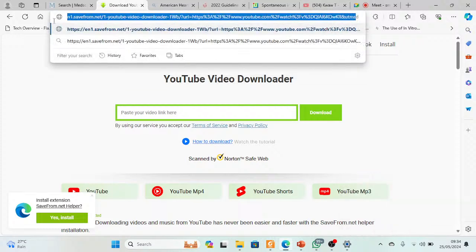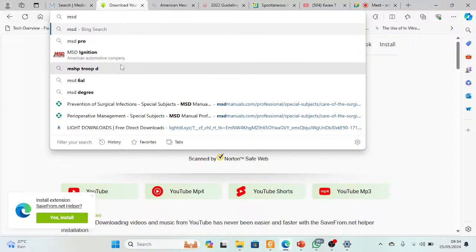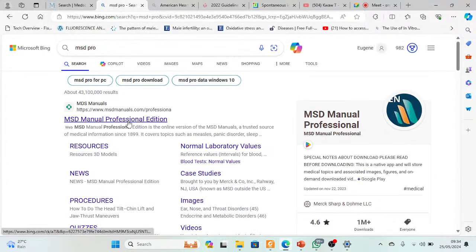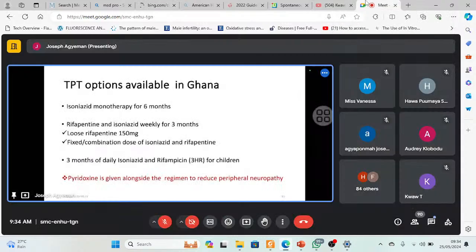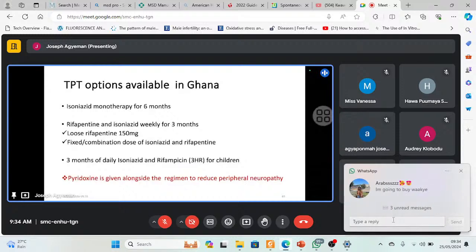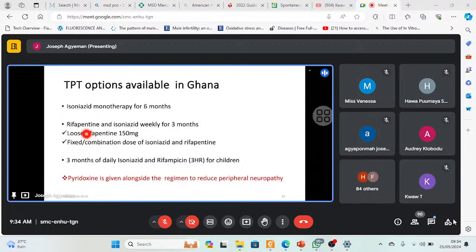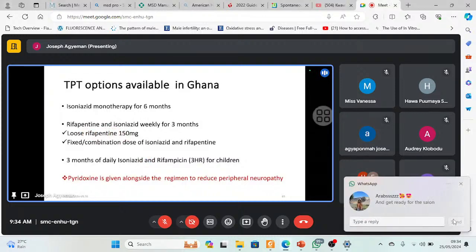If the person is negative when it comes to TB, then the individual qualifies to be given the TB prophylactic or preventive therapy. Drugs that are recommended include isoniazid. That was those days. Nowadays, we are using combination therapy. So even in pediatrics, now we are using isoniazid, rifampicin. So 3 months daily therapy. And in adults, the recommended combination is rifampicin and isoniazid, taken weekly for 3 months.